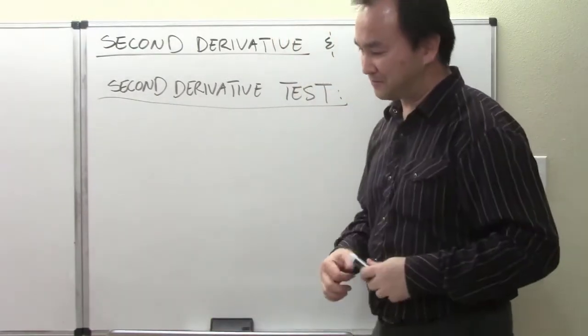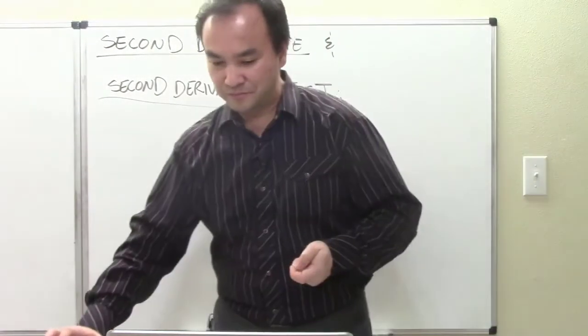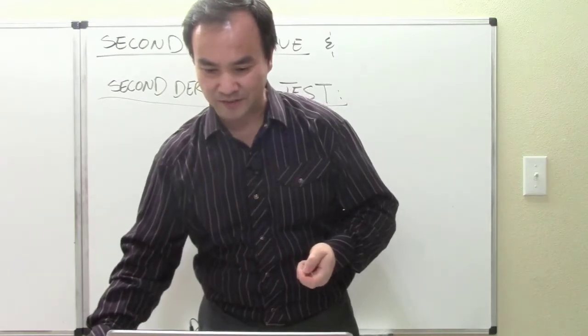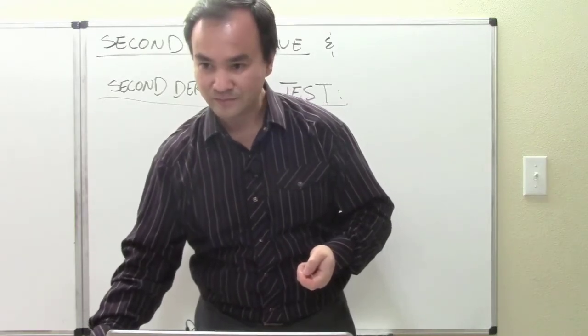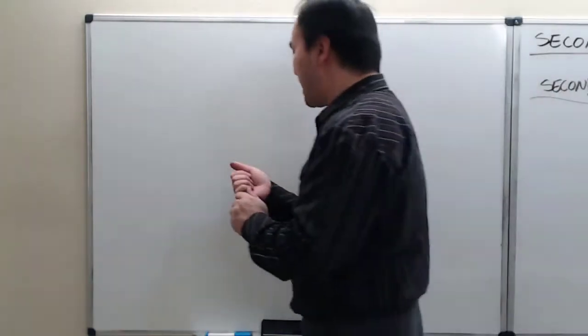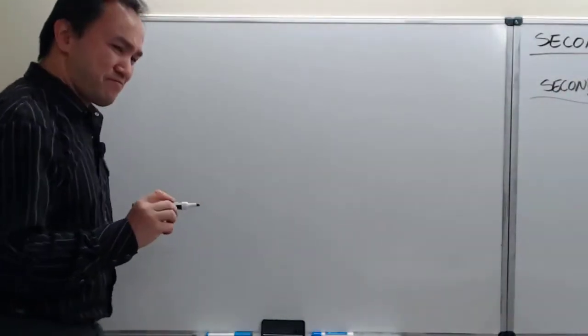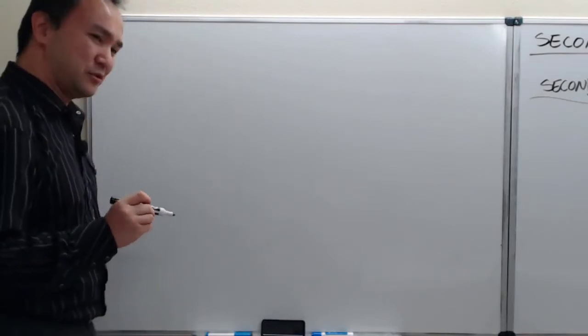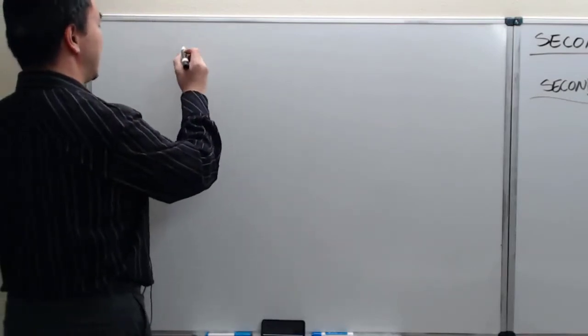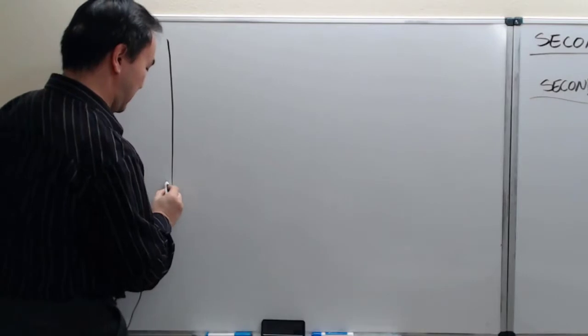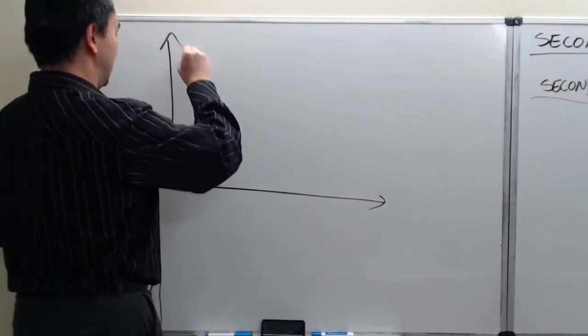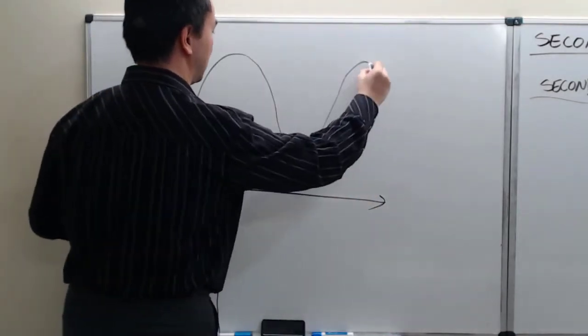Okay, so now I am going to step to the other board and let's have a quick look back at graphs. I don't need a computer to draw the graphs, but let's say you are given the graph of a function, any function. It has up and down and up and down.